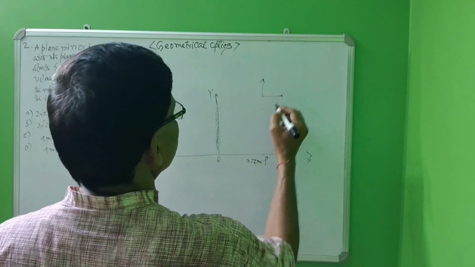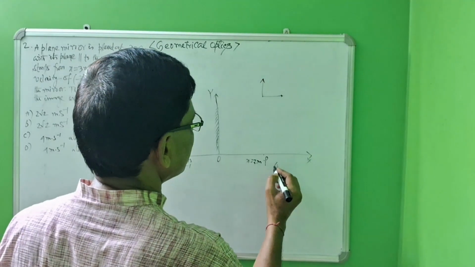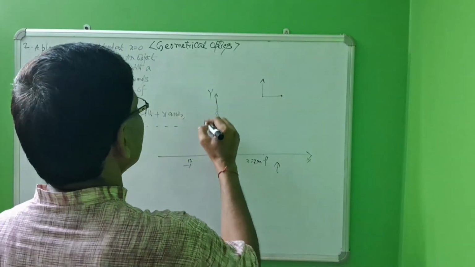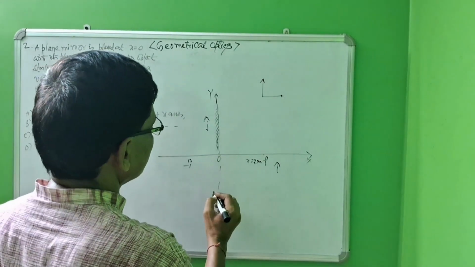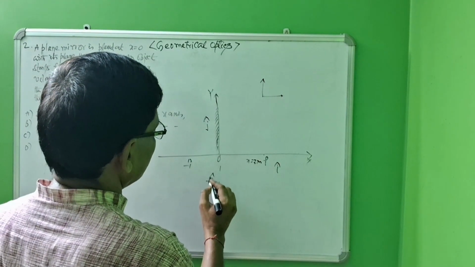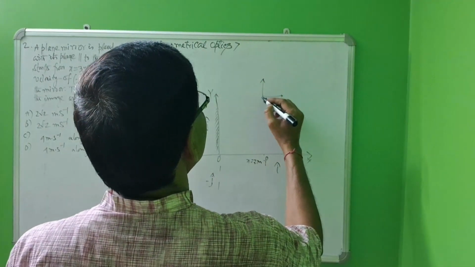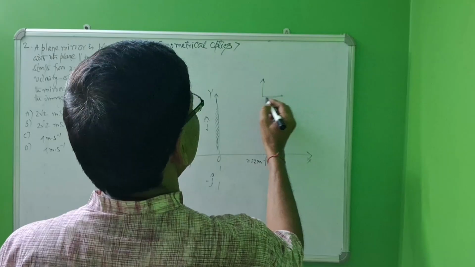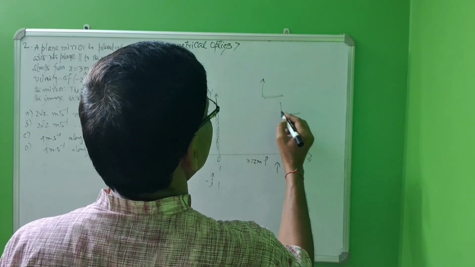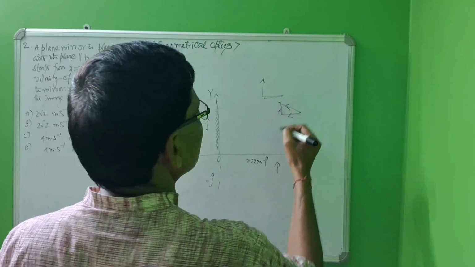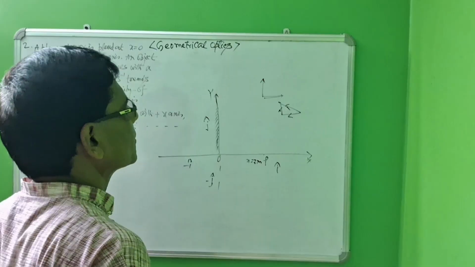Here is a minus i unit vector in this way, plus j unit vector in this way. So here the resultant will be minus 2i plus 2j. So the resultant will be this, by triangular law of velocity we get.